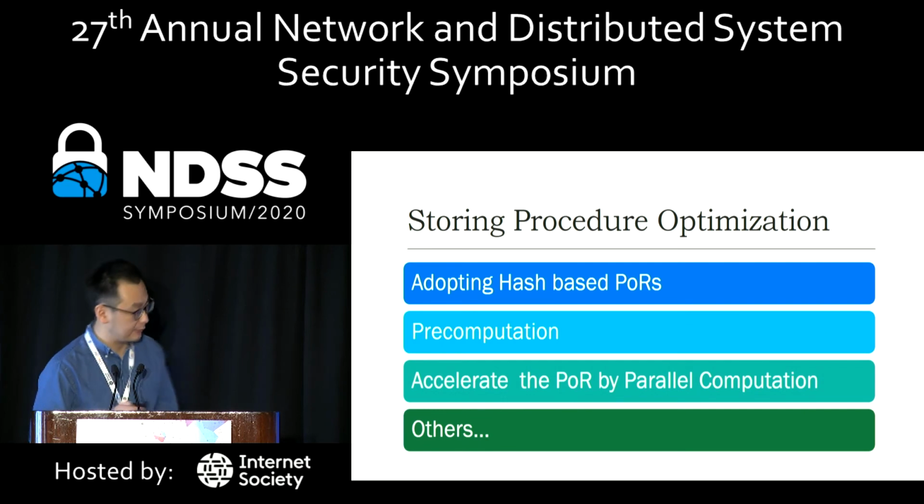In our paper we described several techniques to optimize the storing procedure. For example, we adopt hash-based PORs instead of RSA-based or pairing-based PORs, since hash symmetric primitives are extremely efficient, so they can be used in our settings.